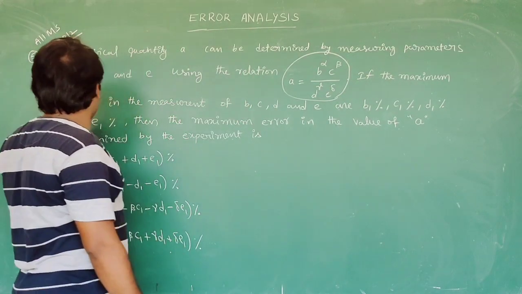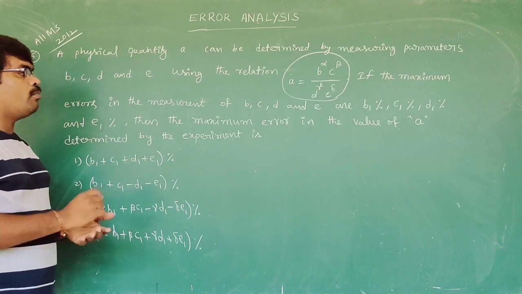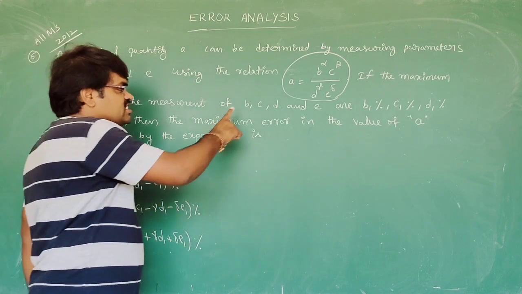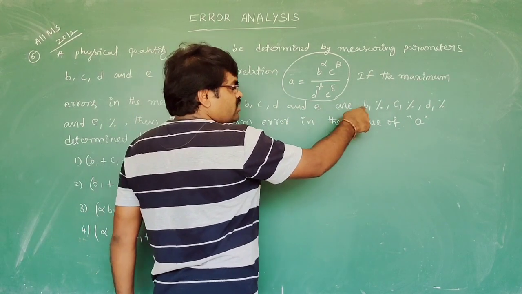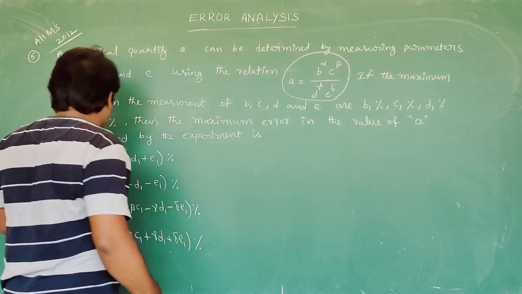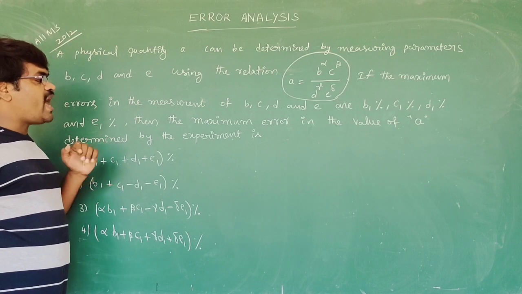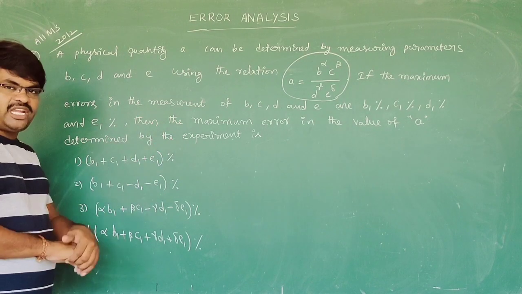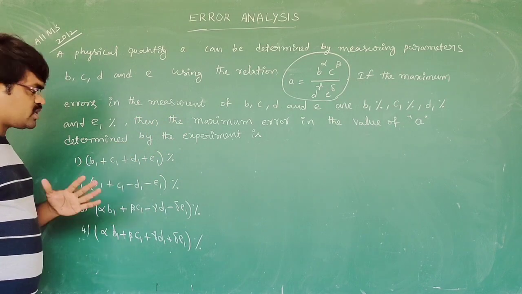If the maximum errors in the measurement of B, C, D and E are B1%, C1%, D1% and E1%, then the maximum error in the value of A determined by the experiment is, they have given these options.